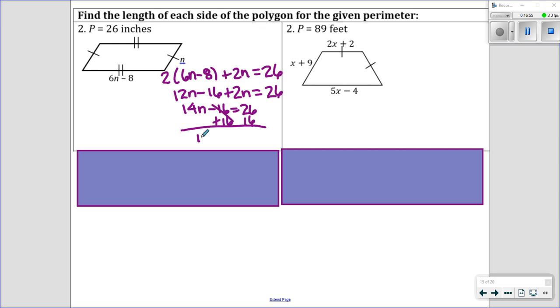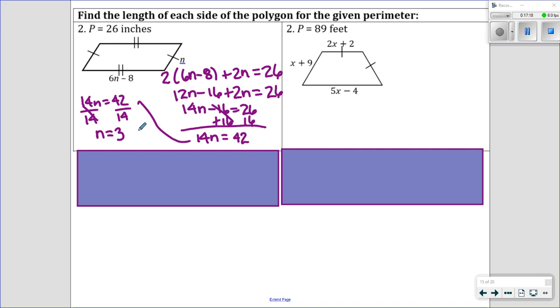That cancels. 14n equals 42. You divide by 14 on both sides. You get 3. n equals 3.